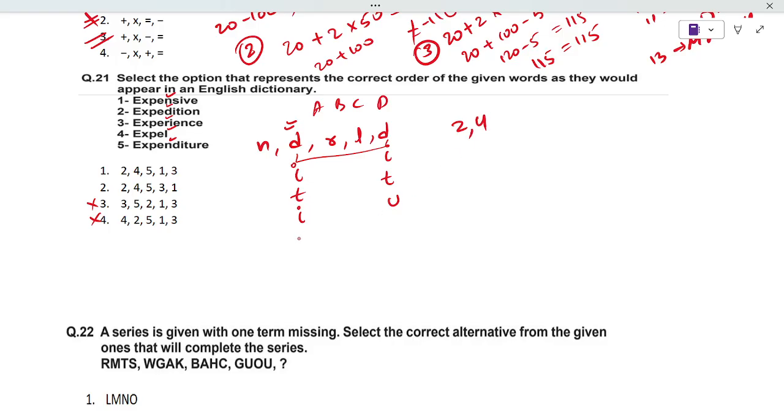Second. Let me look at D. Next one, N will come first or no? After D comes N, because N, O, P, Q, R, oh, L will come. So here 3. That means 4. Here 1, 2, 3, 4, 5.